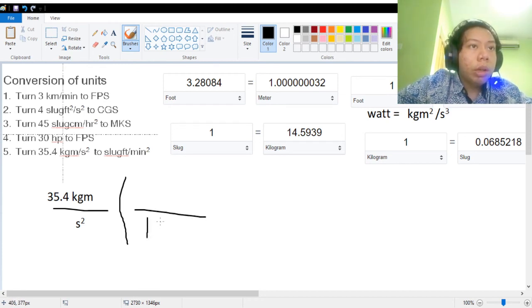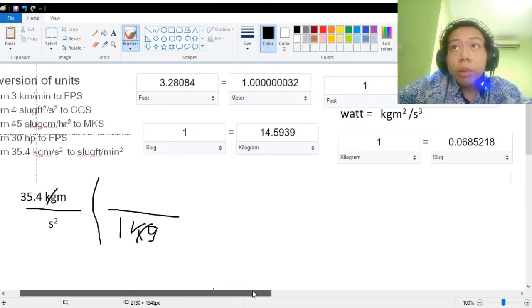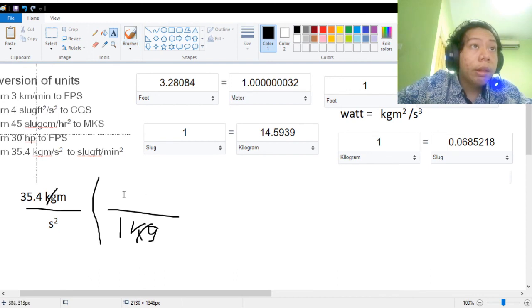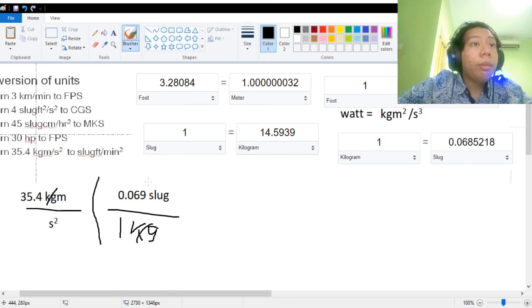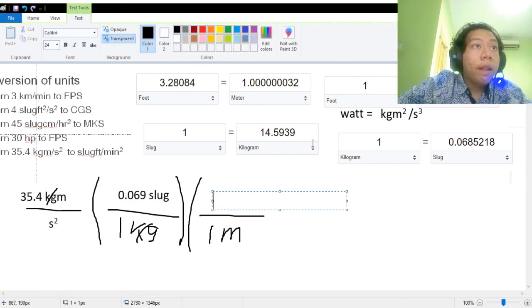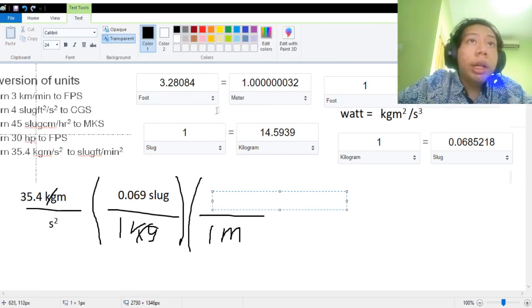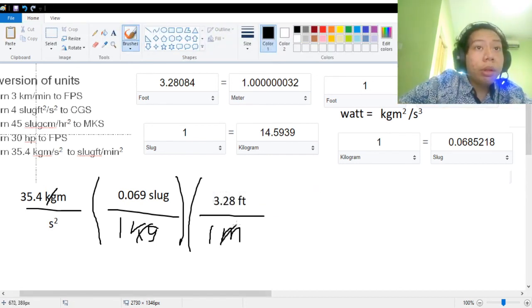So 1 kilogram, we cancel the kilogram, and 1 kilogram is approximately 0.069 slug, and we need to convert meter to feet. So over 1 meter, and 1 meter is 3.28 feet.